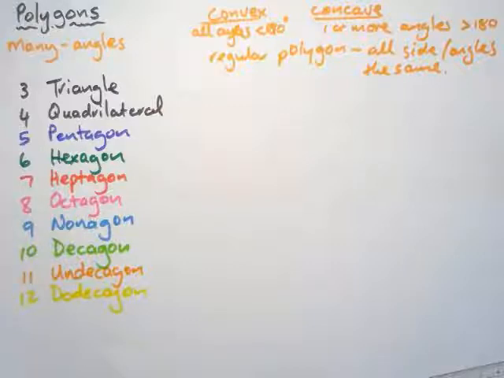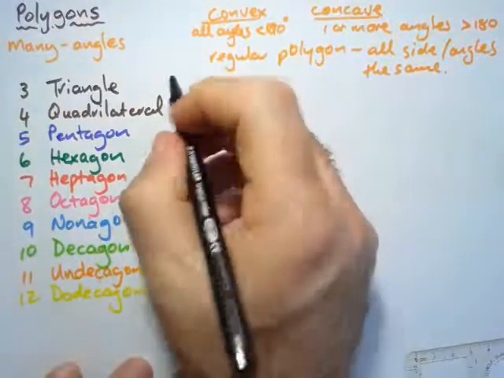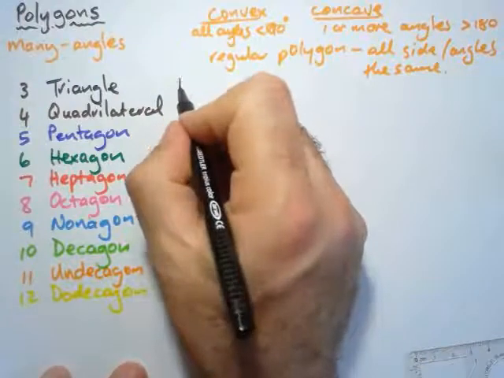When you have to calculate the angle sum of these polygons, it does help if you have an equation. But remember what we did. When we start with a triangle, we said that there was 180 degrees.